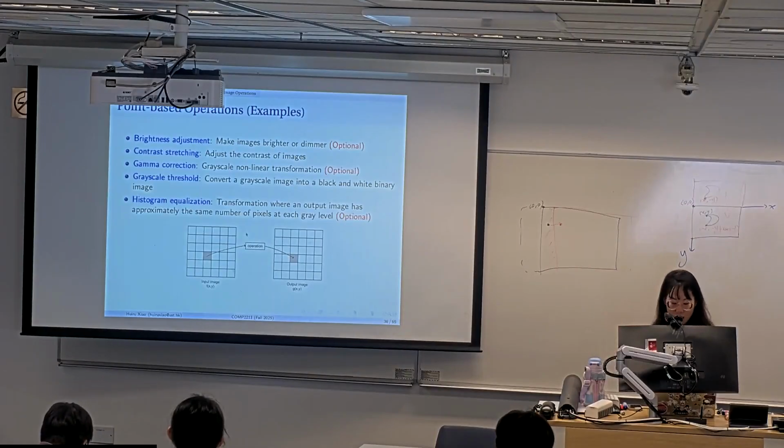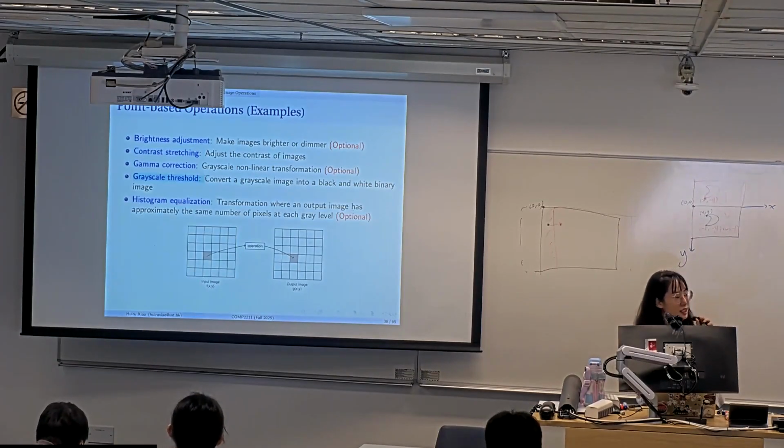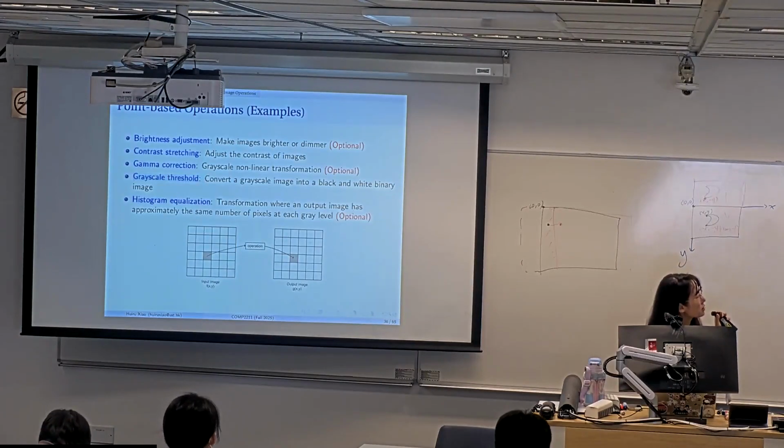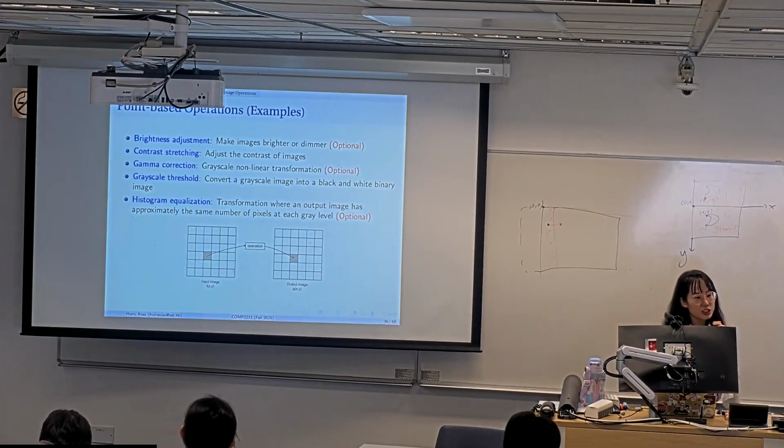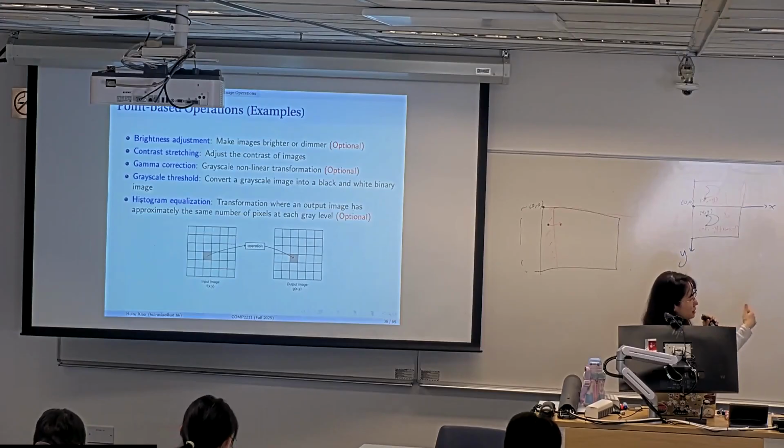For our course, we will only cover contrast stretching and grayscale thresholding, these two point-based operations. For the remaining 3, brightness adjustment, gamma correction, and histogram equalization, if you are interested, the supplementary notes provide the methods for these 3 image operations. So you can check the course website, the supplementary note on image processing.